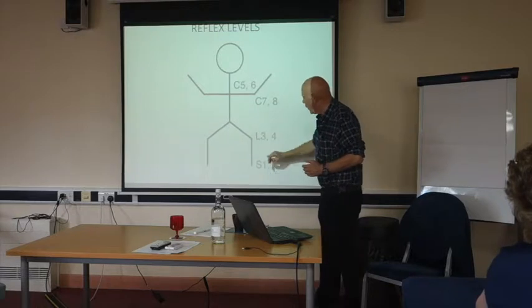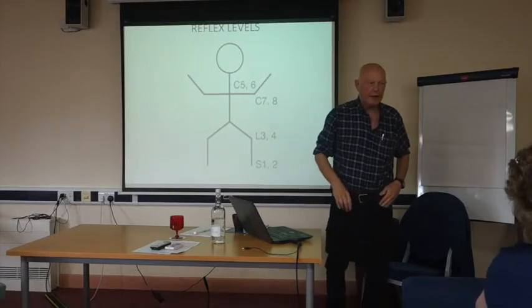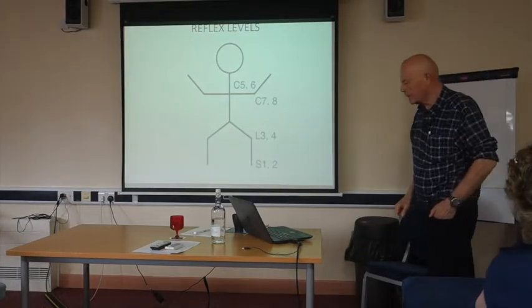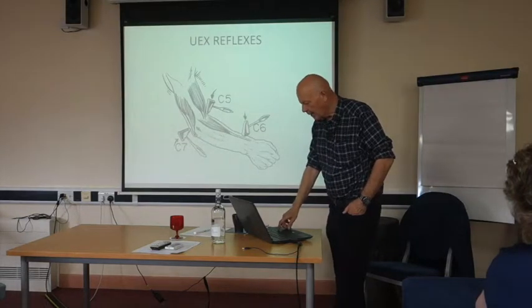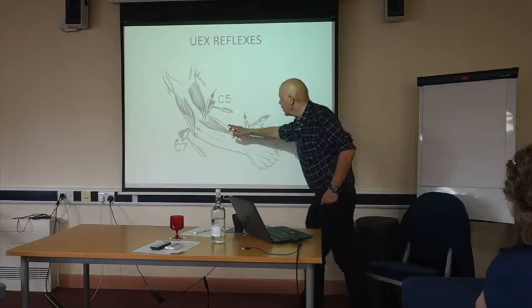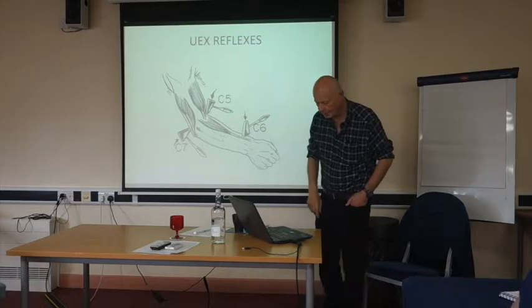Knee is L3 and 4, and ankle jerk is S1 and 2. So they're the standard deep tendon reflexes that we tend to test. And that's where they are in the upper extremity: biceps, triceps, and brachioradialis.